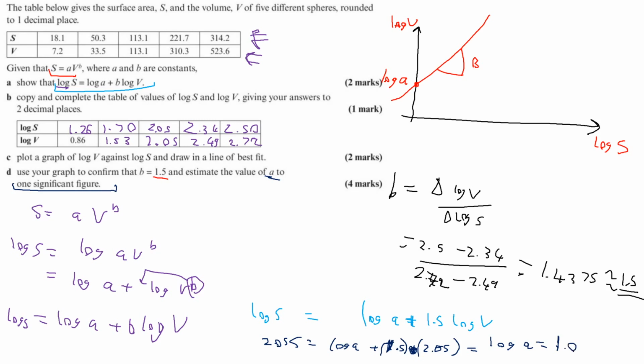So therefore, A is equal to 10 to the power of 1.025, which is the same as 10.59, which is equal to 10. And that is your final answer.